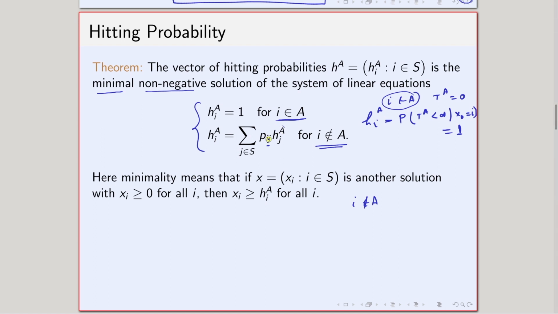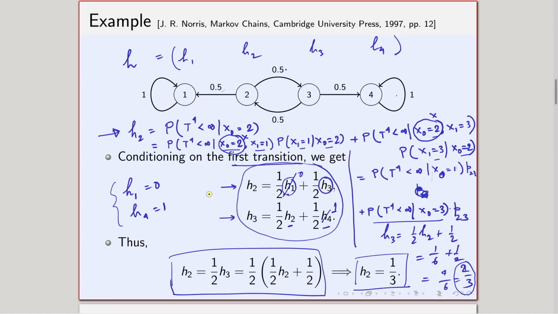Okay, so that probability comes here. So it is P_ij multiplied by H_j^A, and the sum I need to take over all possible values of j in the state space. Okay. So these two equations come from this one, as well as the understanding that once I am in 4, H4 is 1.